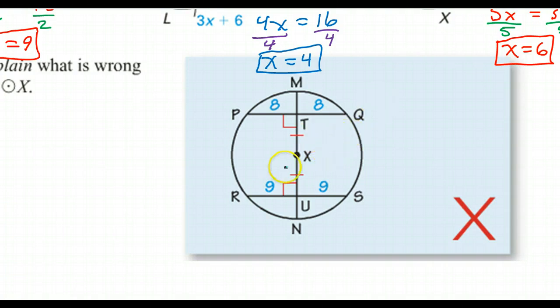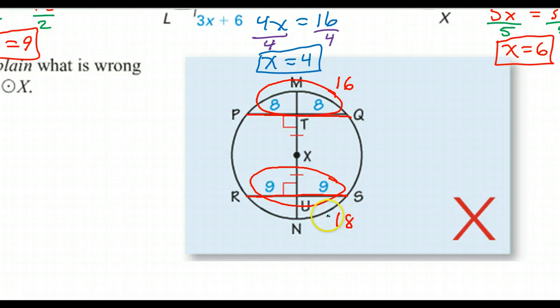Well, hopefully you're noticing. See these congruent marks? So PQ here and RS, those segments, those chords, are the same distance from the center. And we just learned that if two chords are the same distance from the center, then they should be congruent. But of course, this chord is 16, while this chord is 18.